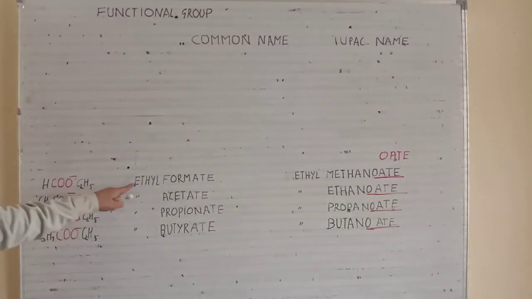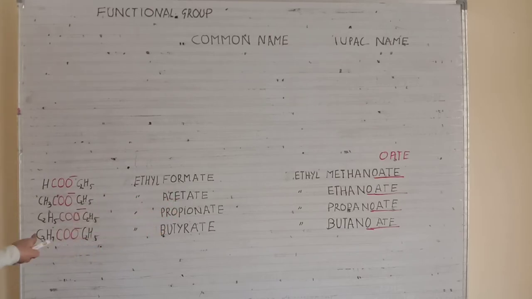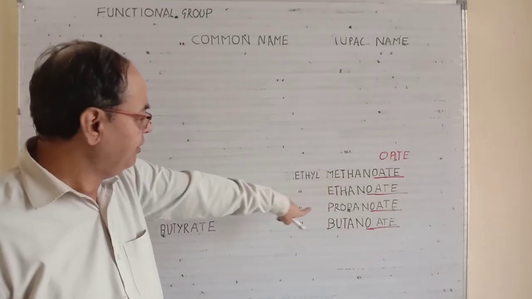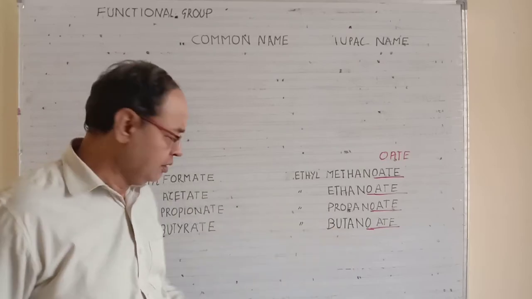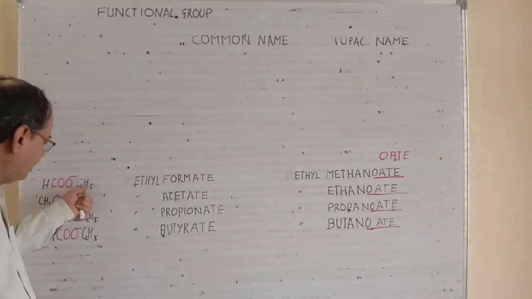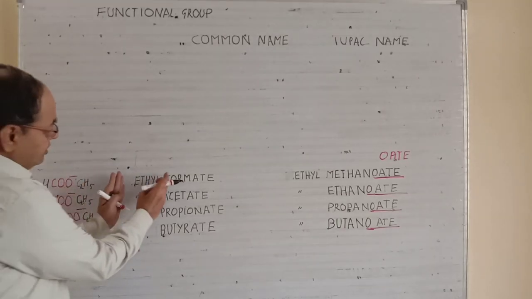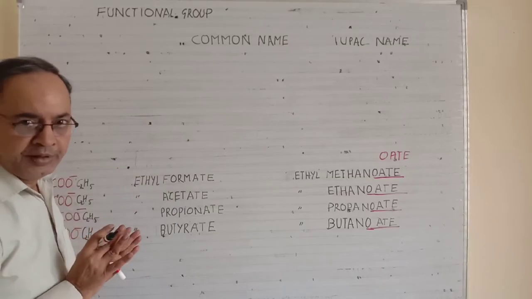So it is ethyl formate, ethyl acetate, ethyl propionate, ethyl butyrate. Same way here it is ethyl methanoate, ethyl ethanoate, ethyl propanoate, ethyl butanoate. So the concept is, whatever group you put here, you have to write the same group just in front of it. First of all you have to write that group. The rest will remain the same.